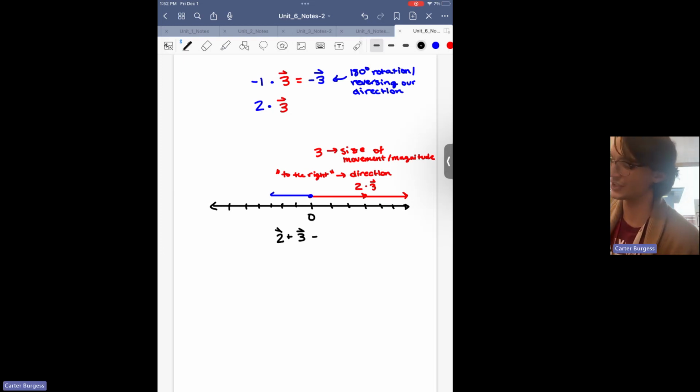What would our prediction be for the result here if this is working like I'm claiming that it should, that these are just numbers? Should be the vector 5. And in fact, that is exactly what we're going to see. If we start at 0 and travel out by 2, and then from that new location, travel out by 3, then the net movement that we see is indeed the vector 5.